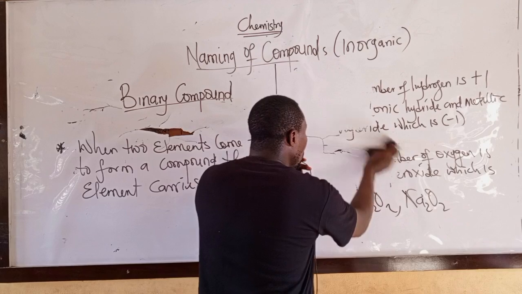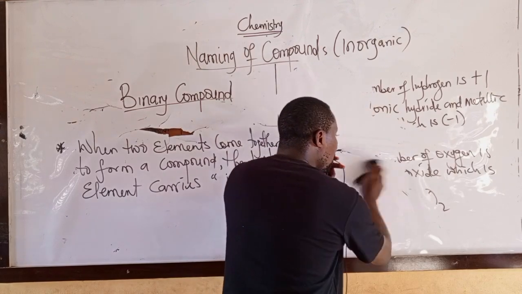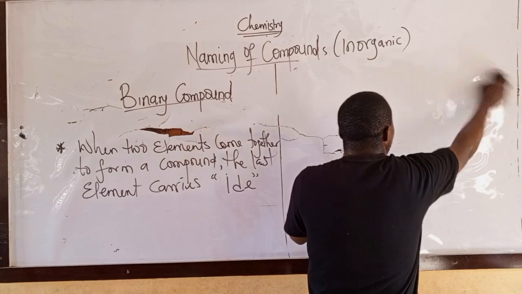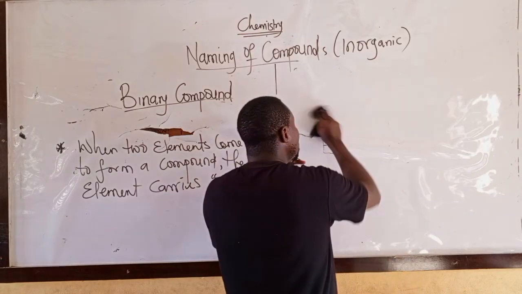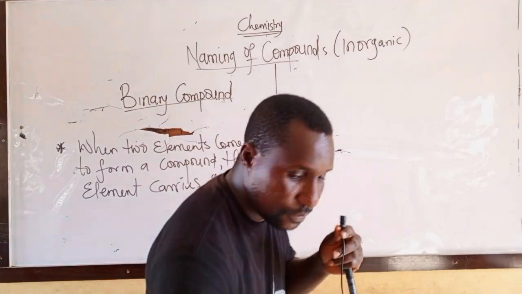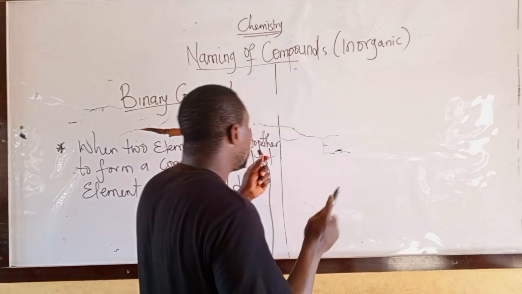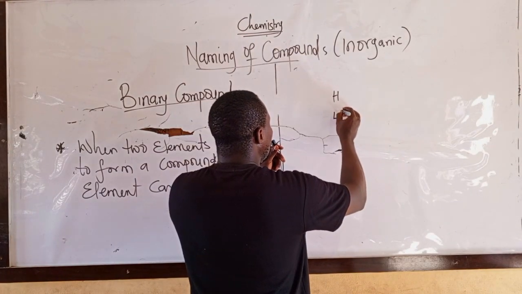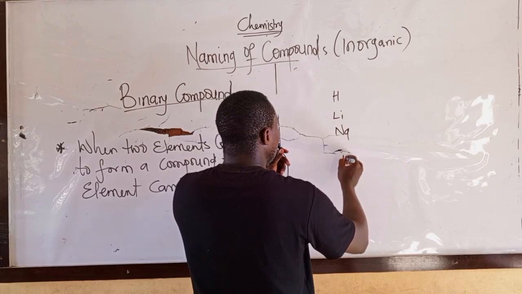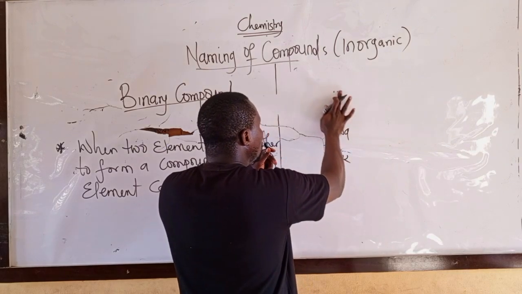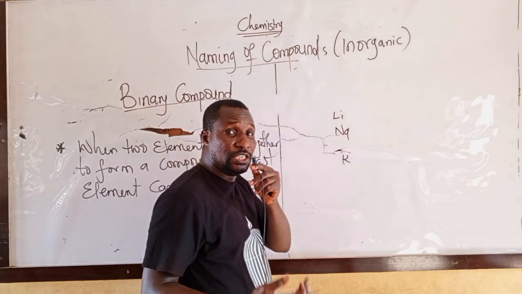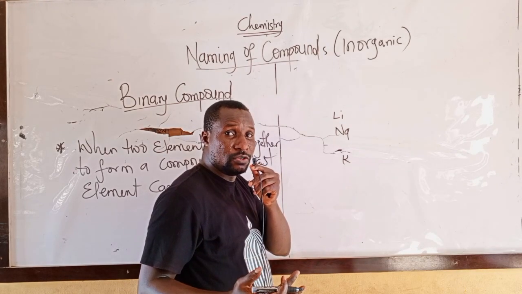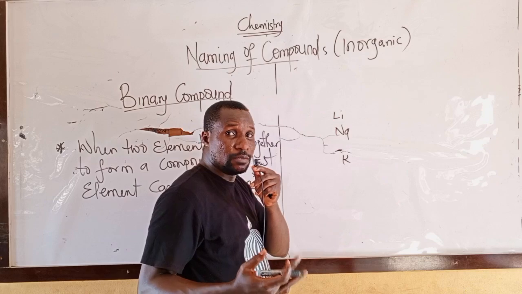Let me give you another thing to know. You have to know the periodic table of the first 20 elements. In a simple way, look at group 1, where you have hydrogen, lithium, sodium, potassium. Let me take away hydrogen. We all know that the oxidation number of hydrogen is +1, except in metallic hydride or ionic hydride, which is -1.